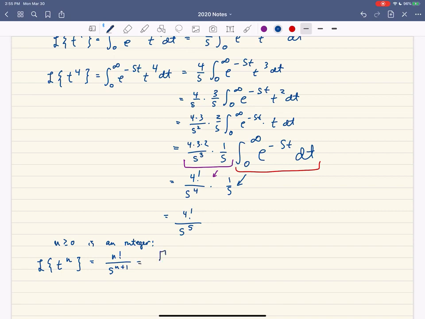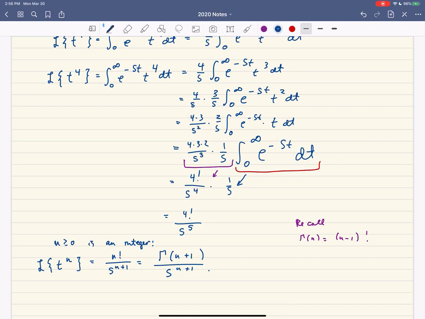If you remember about the gamma function, you should go back and watch the video on the gamma function if this fact is not fresh, but this is gamma of n plus 1. In other words, just recall that gamma of n is n minus 1 factorial, right? So 4 factorial is gamma of 5, and so on.